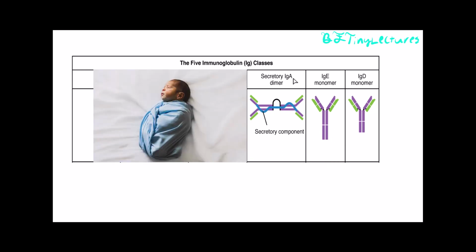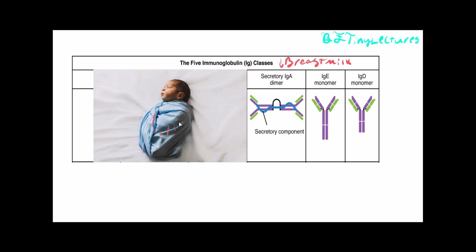When you think of IgA, you should be thinking about babies, because IgA is an antibody that can be secreted in the breast milk. So when a baby is born, it's very sensitive to the outside world. It has a weak immune system. When the mother breastfeeds the baby for the first time, the immunoglobulin A goes into the breast milk and it enters the baby's digestive system.